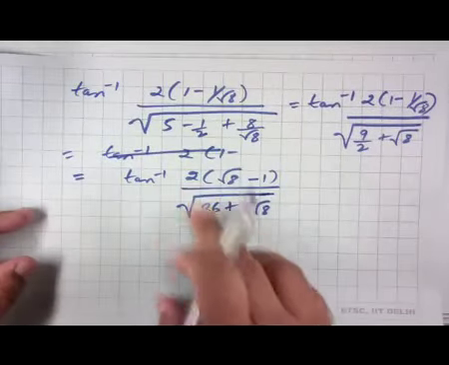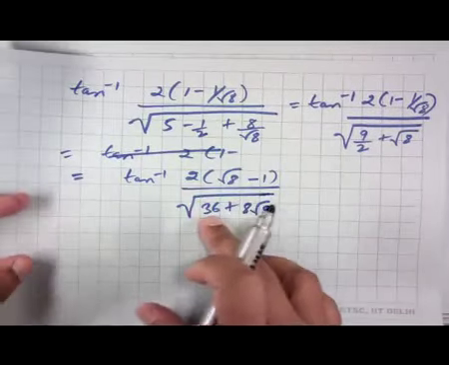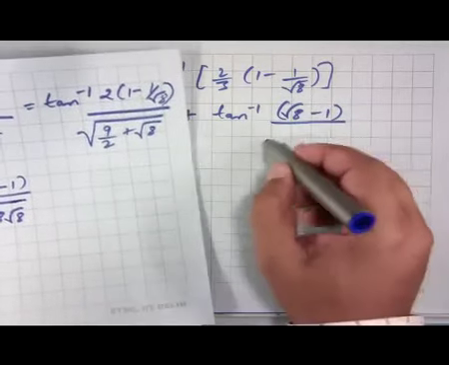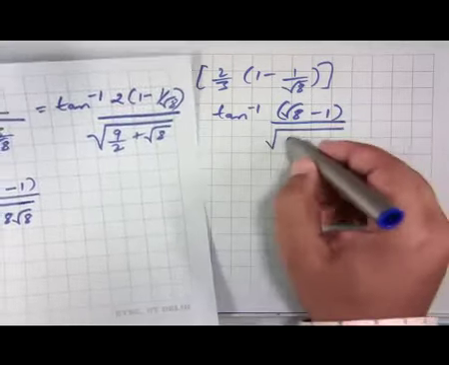So, in this expression we can cancel this 4, we can take square root of 4 here. So, we get square root of 8 minus 1 by square root of 9 plus 2 times square root of 8.